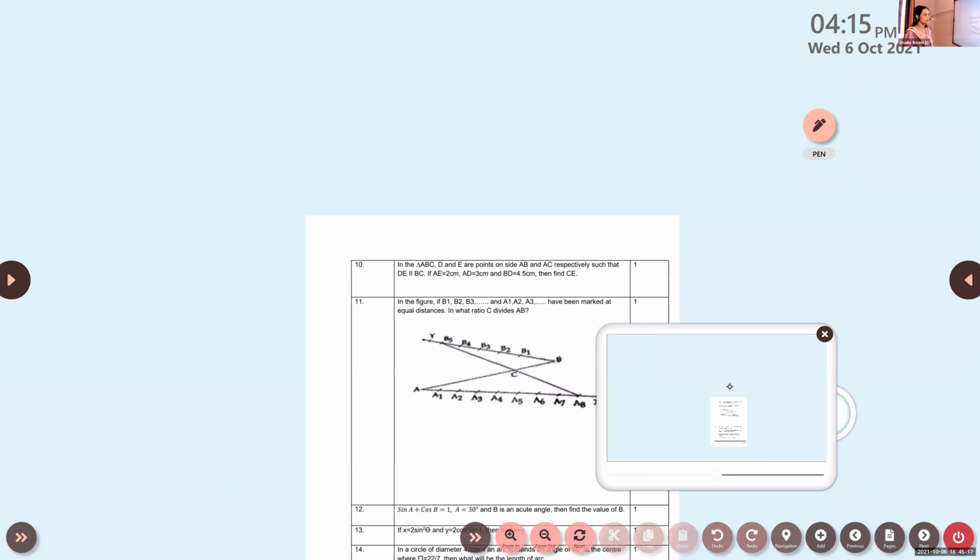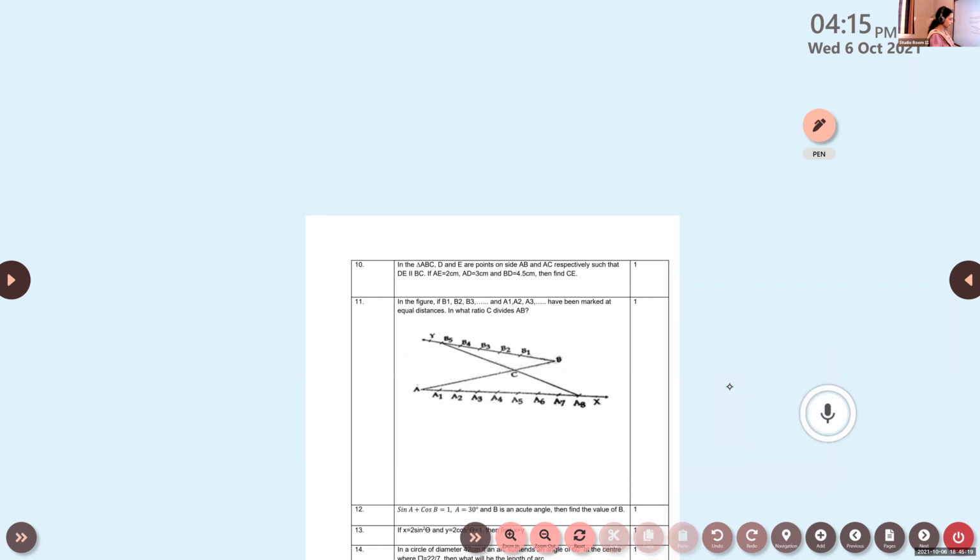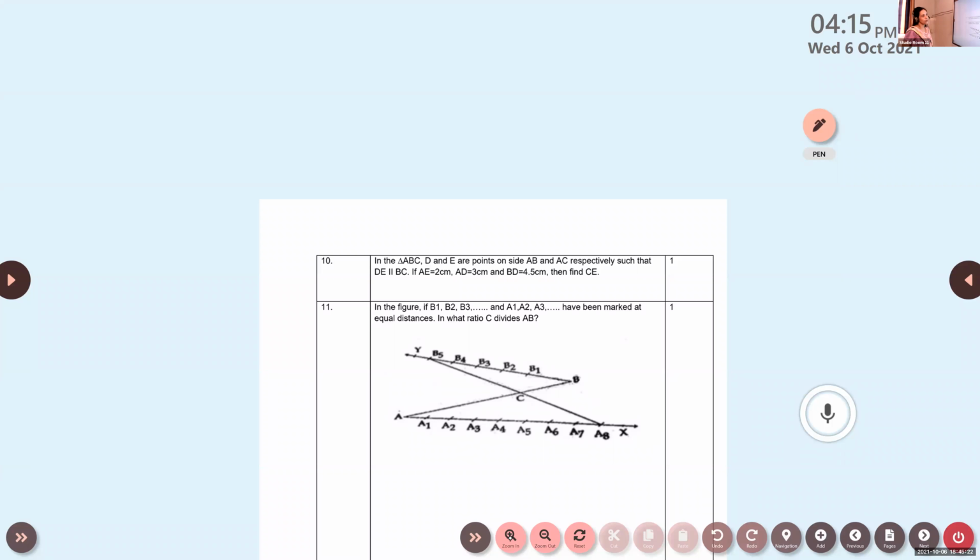Okay, children, look at the 10th question. Read the 10th one and solve it. Read the question and try to solve this.